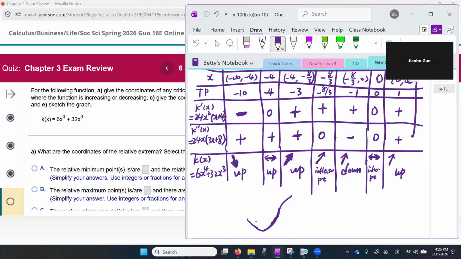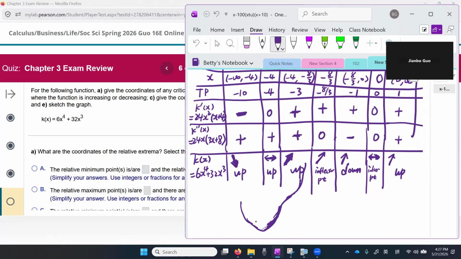It will have an inflection point, so increasing, concave down, then concave up, increasing.